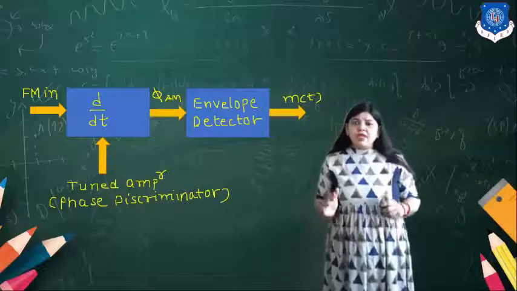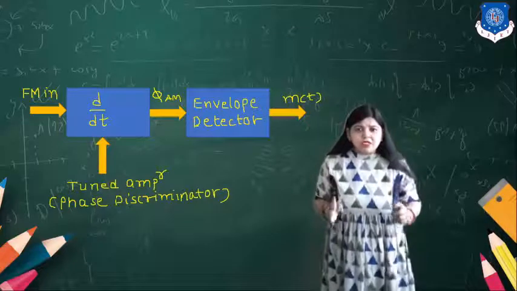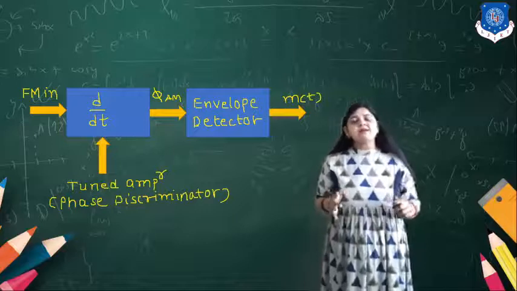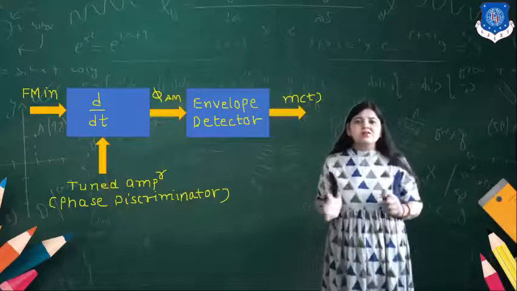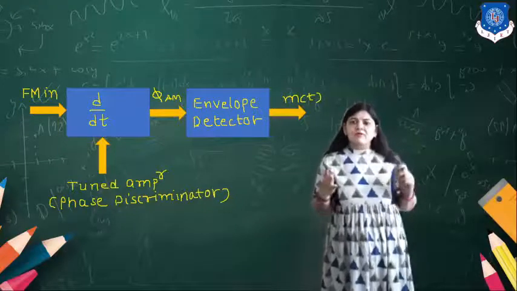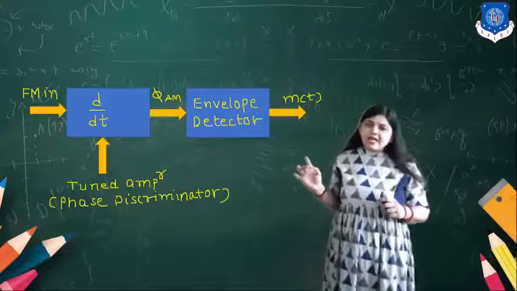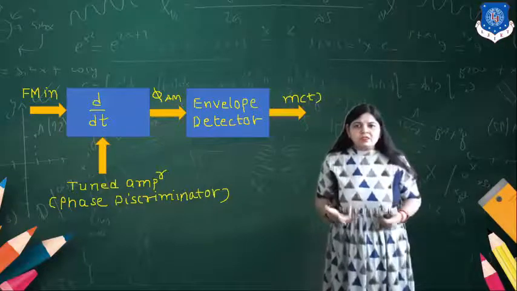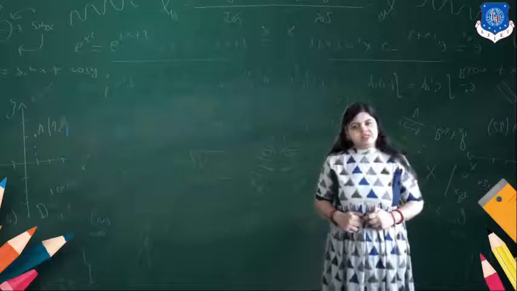This way we get the output signal m(t) by this method. So this is what we do with the Foster-Seeley phase discriminator, which consists of a tuned amplifier and an envelope detector, and we can have the original signal.